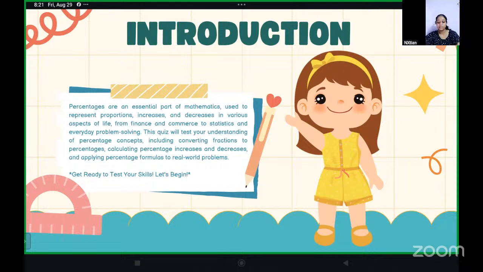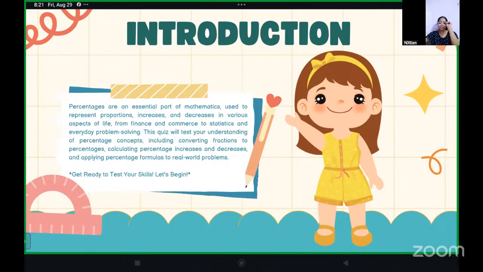This quiz will test your understanding of percentage concepts, including converting fractions to percentage, calculating percentage increase and decrease, and applying percentage formulas to real world problems. So get ready to test your skills and let's begin.